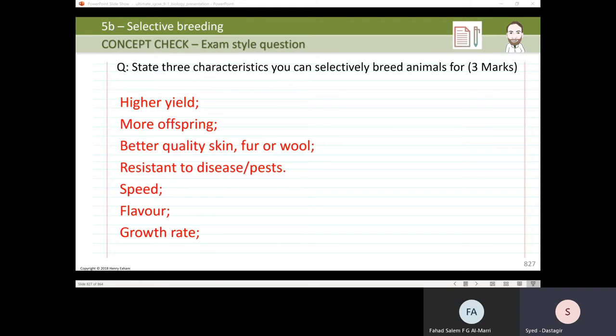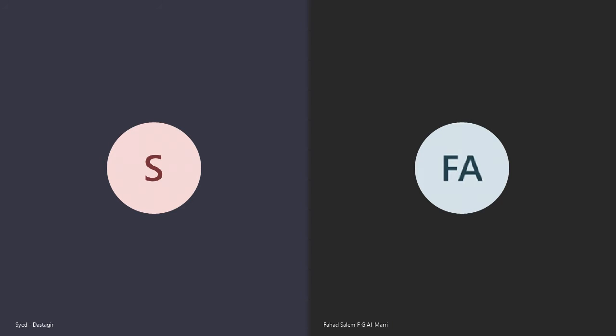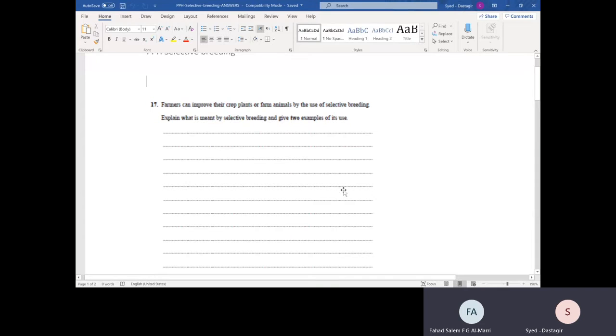Right. So if you have a look in your assignments, it's just going to come up. Okay. So where is it? Selective breeding. If you have a look at your screen now, just give it a few minutes on your Teams. Yes, I have it. Oh, you have it. Selective breeding, so you can answer the questions.